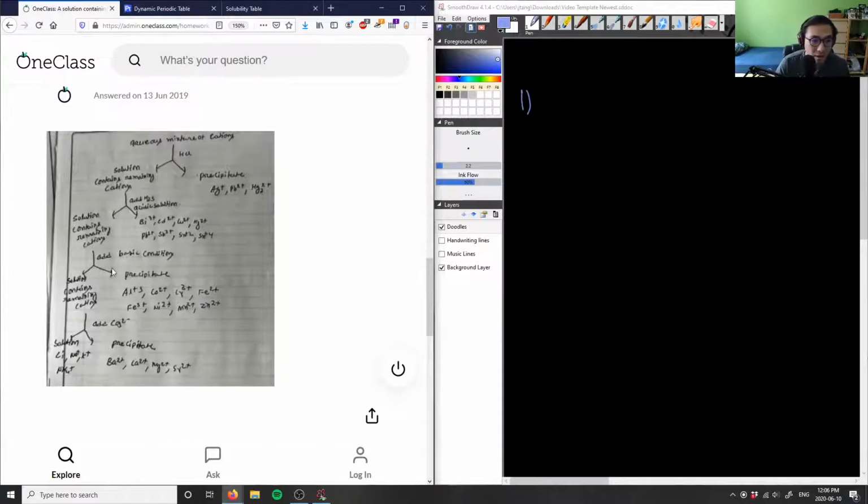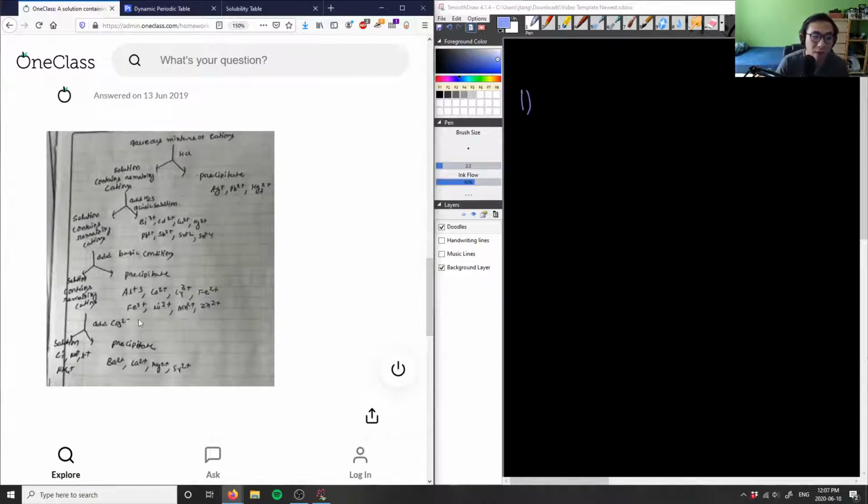Afterwards, we add a basic condition. Under a basic condition, a precipitate is going to include these metals here: aluminum, cobalt, iron, nickel, manganese, and zinc would then precipitate and not be soluble in solution.